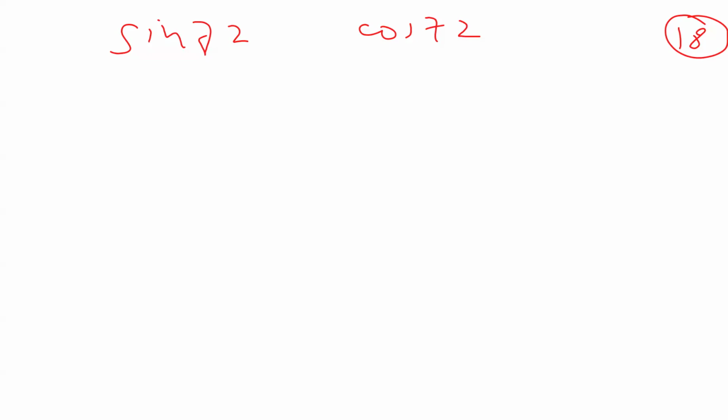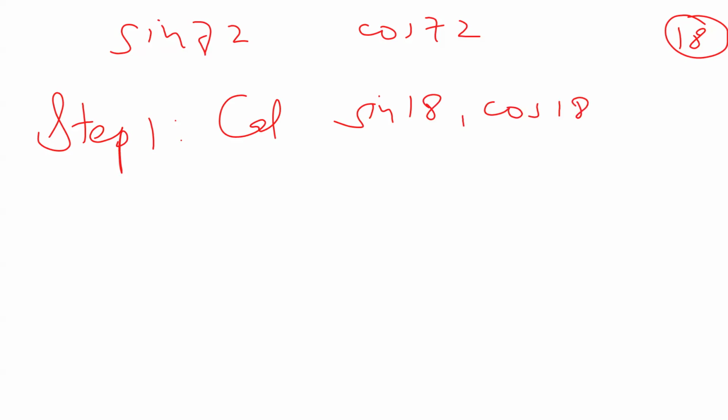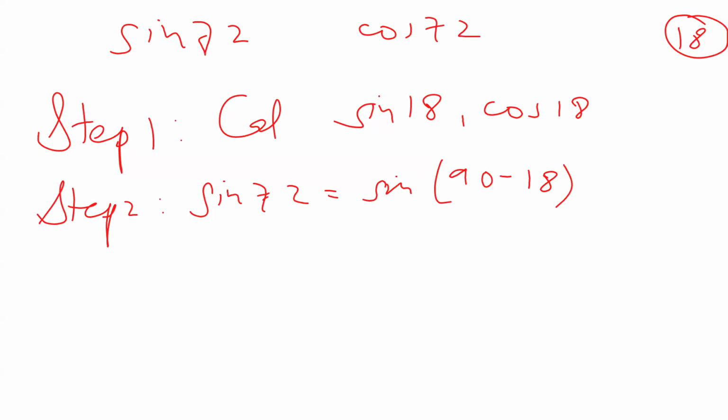So step number one in this proof, calculate sine 18 and cos 18. And that I've already taught you. Step 2, sine 72 is equal to sine 90 minus 18, because 90 minus 18 is 72. What about this, guys? Can someone tell? What is sine 90 minus 18?